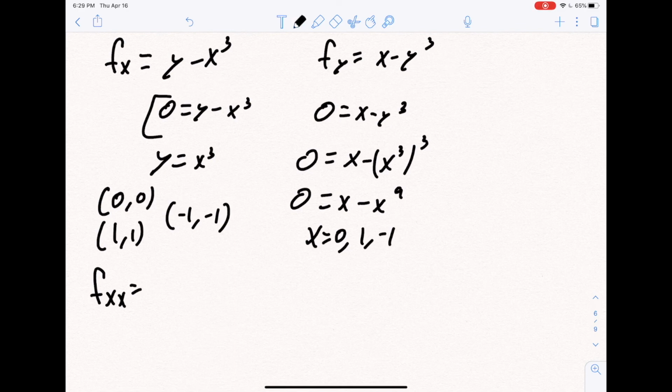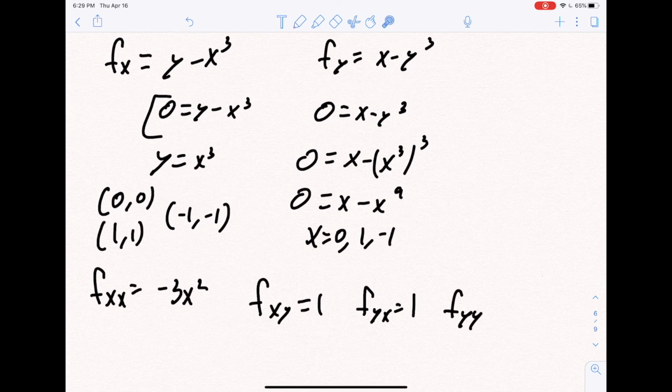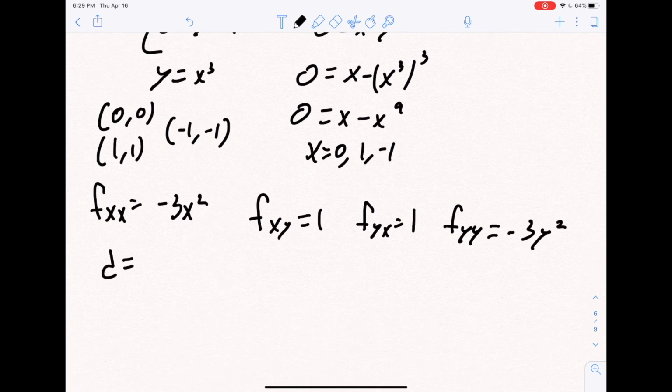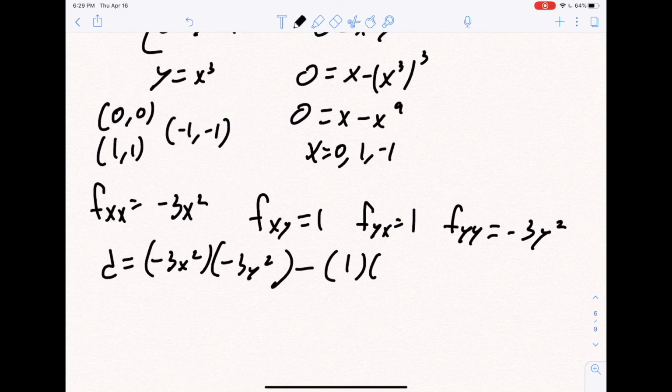The derivative of that with respect to x is minus 3x squared. fxy, the derivative of fx with respect to y, is just 1. fyx is equal to fxy always, so it's just 1. And fyy, we have fy up here. We take the derivative with respect to y. We get minus 3y squared. All right, with that in mind, the value D is minus 3x squared times minus 3y squared minus 1 times 1.